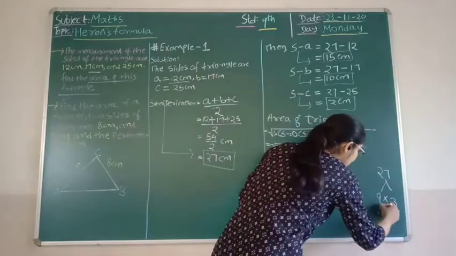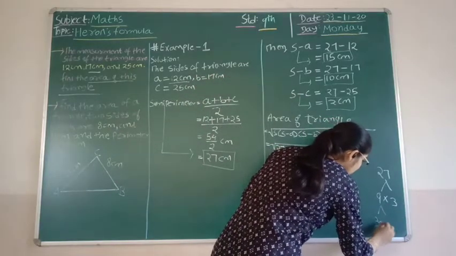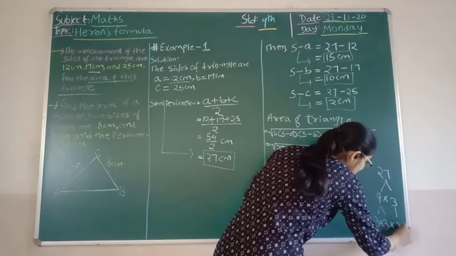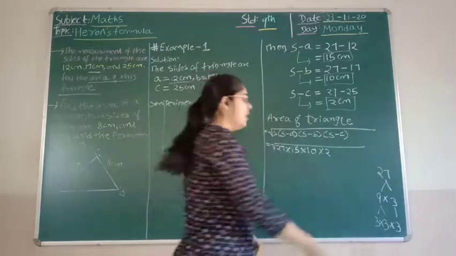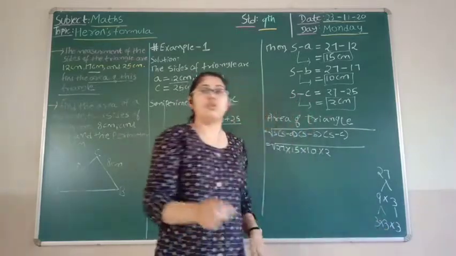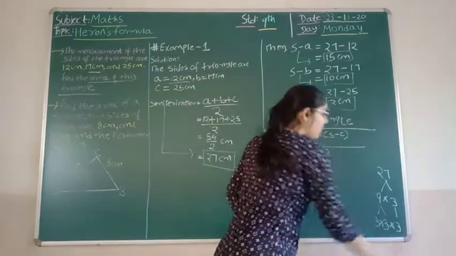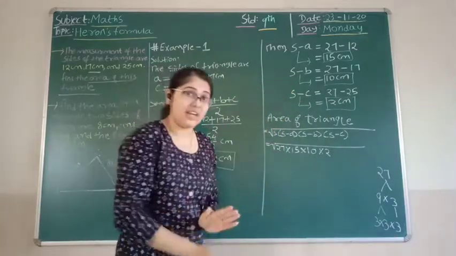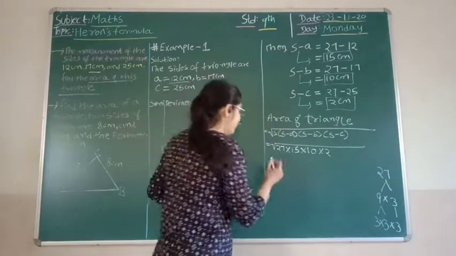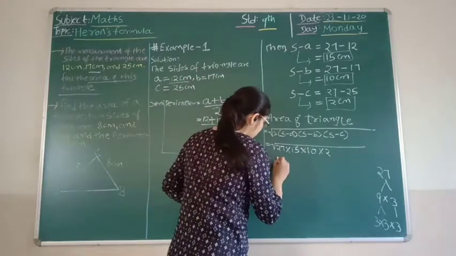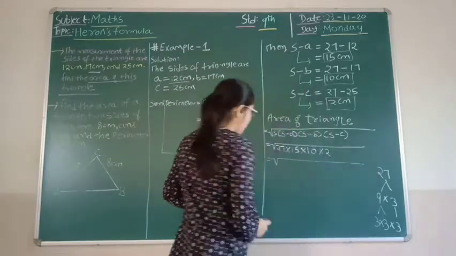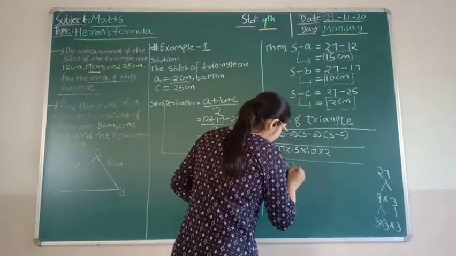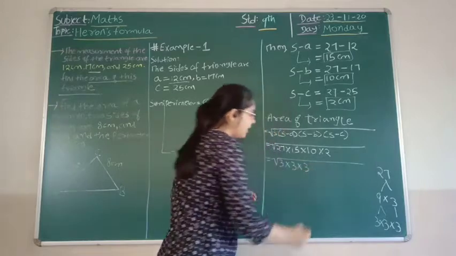So you can write this as 3 multiplied by 3, and this 3 is going to remain the same. This is how I am going to factorize 27. Right? So I write basically 3 multiplied by 3 multiplied by 3.